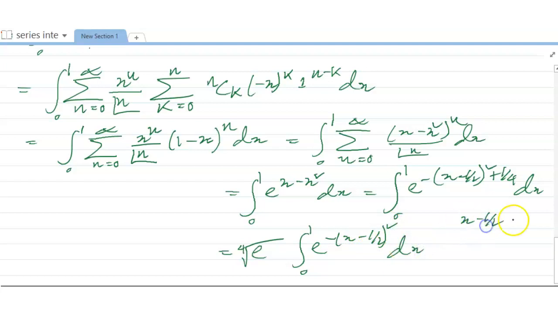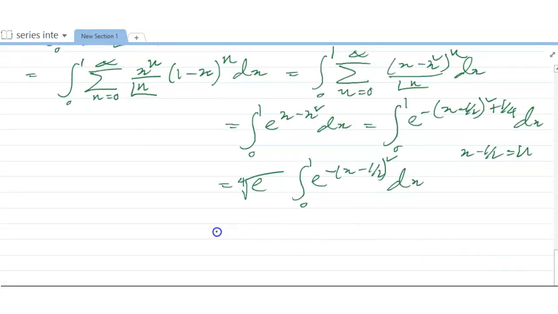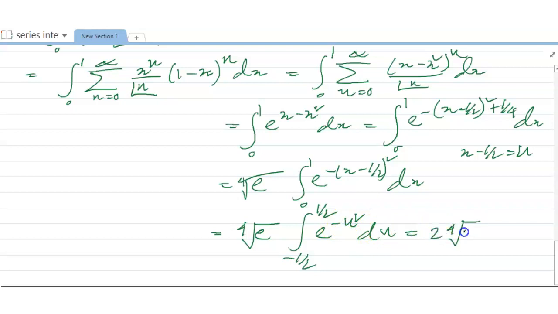And x minus half equals u. So my limit is also changing. I can write 4 into root e, minus half to half, e to the power minus u square du, and it can be written this way: 4 into root e, 0 to half, e to the power minus u square du.